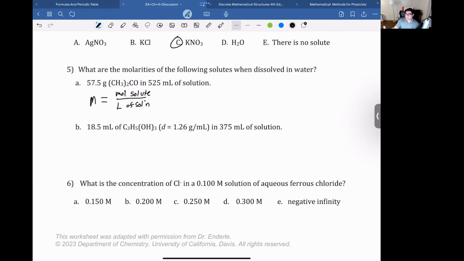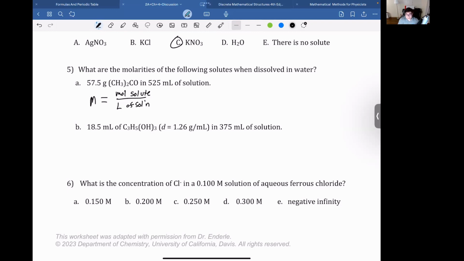You may have been shown a way where you convert straight across using fractions. That's okay too. I like to put things in the context of a few formulas in case it's not clear how you go from one step to the other. So molarity is related to moles and liters, and we need the moles of the solute.